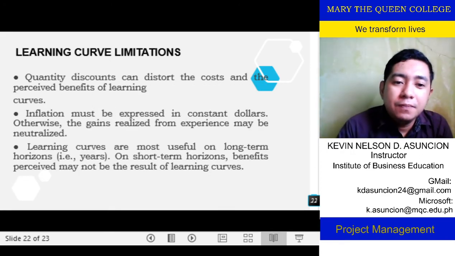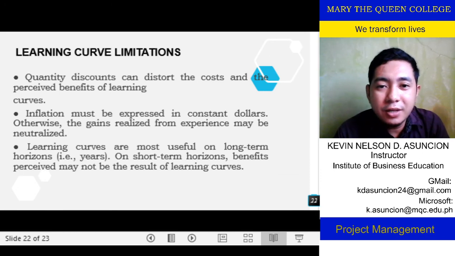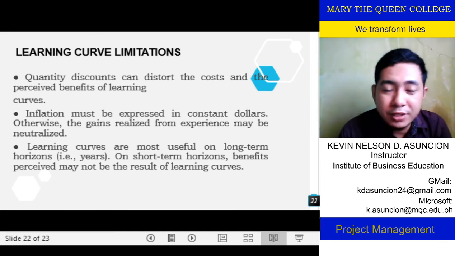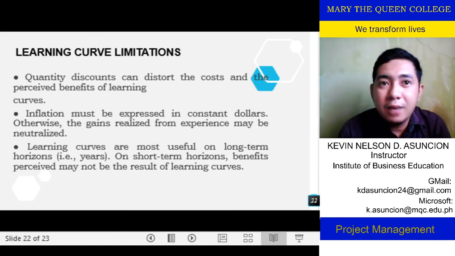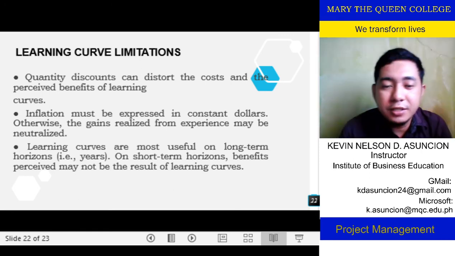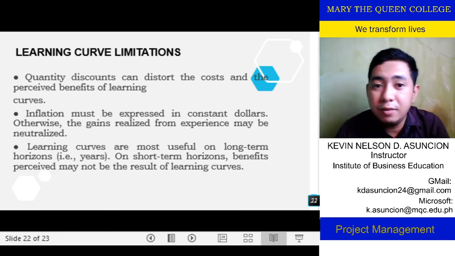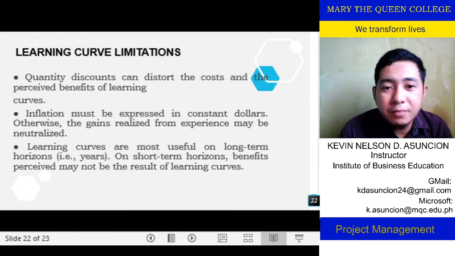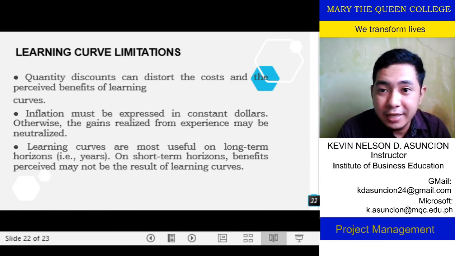And then, quantity discounts can distort the costs and perceived benefits of learning curves. Minsan it will distort the analysis. Mas maraming resources, that's quantity discount, merong mga nagbabago sa quantity. So, inflation must be expressed in constant dollars, otherwise the gains realized from experience may be neutralized, no?